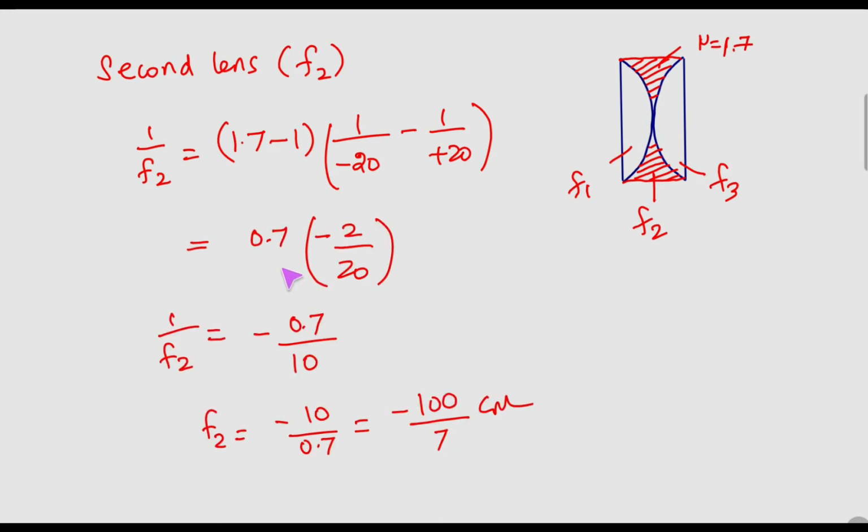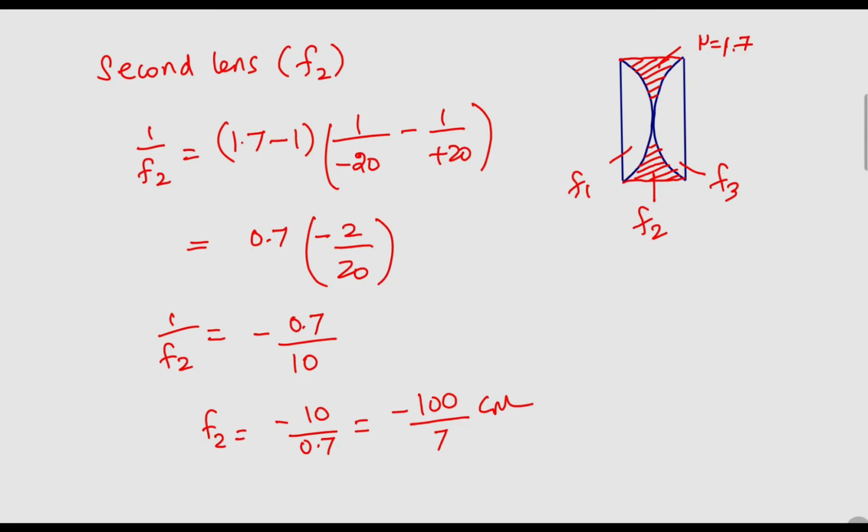It is simple maths. So 0.7 into minus 2 by 20, I can write as minus 0.7 by 10. Taking the reciprocal, f2 will be minus 100 by 7 centimeters. So this is the focal length of the concave portion.